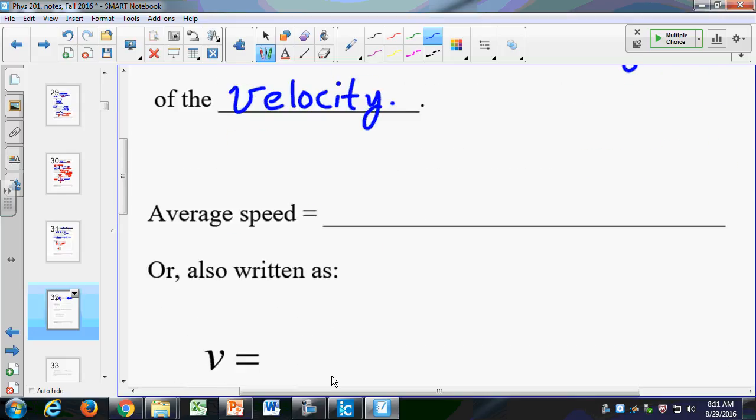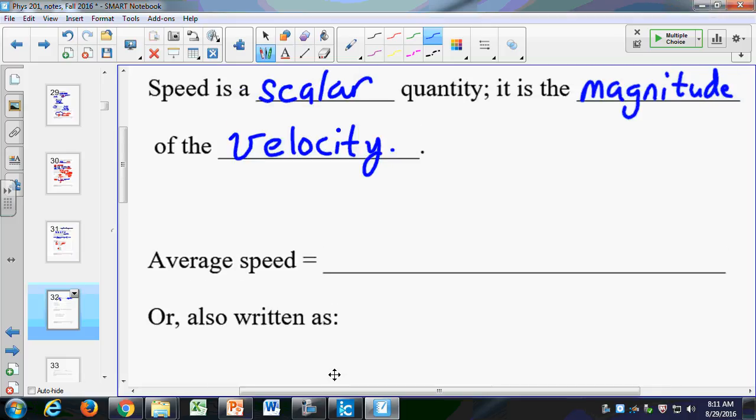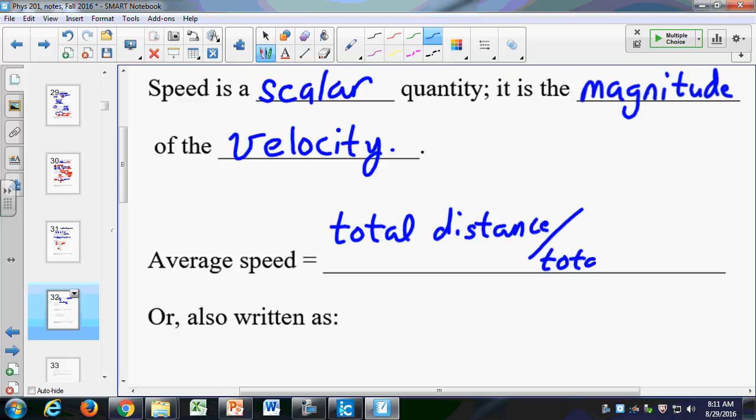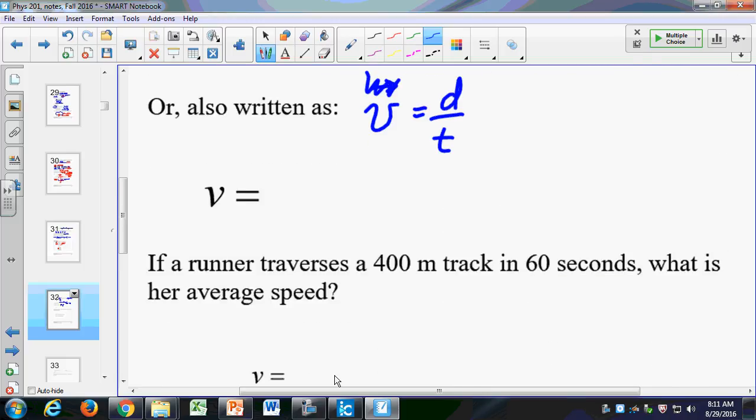We'll define the average speed as the total distance divided by the total time. And we can also write this as v equals d divided by t. When we're talking about speed, we won't write the little arrow on the top because it's a scalar quantity and not a vector quantity. You'll get used to that soon. So v is d over t.